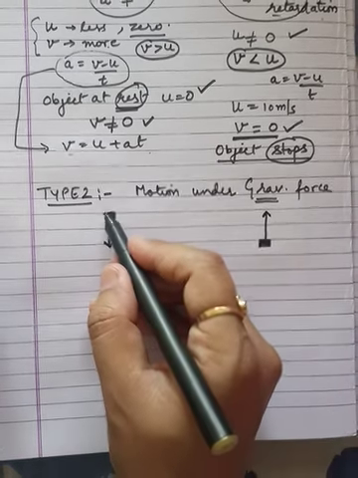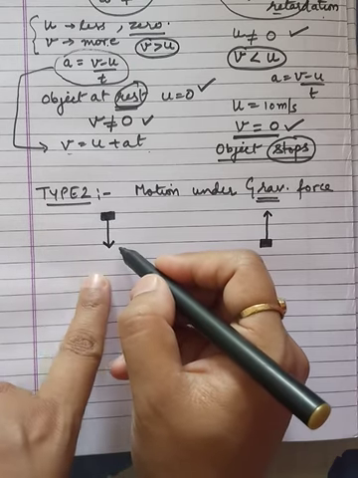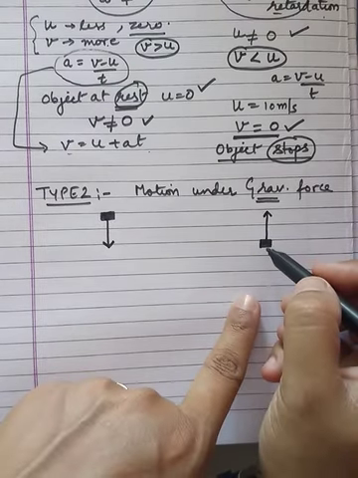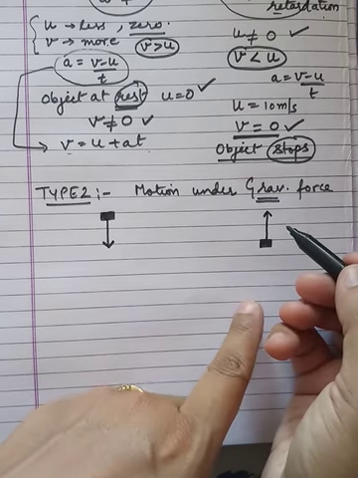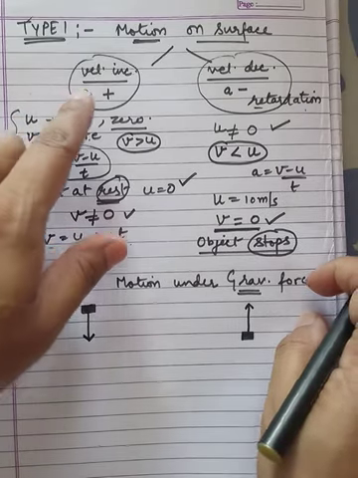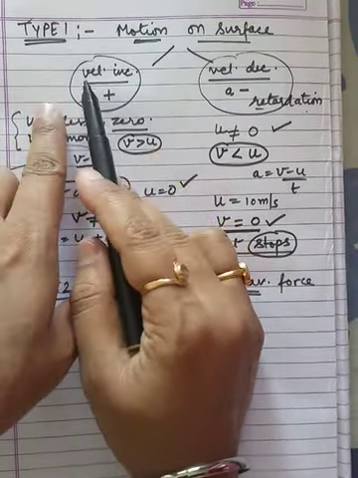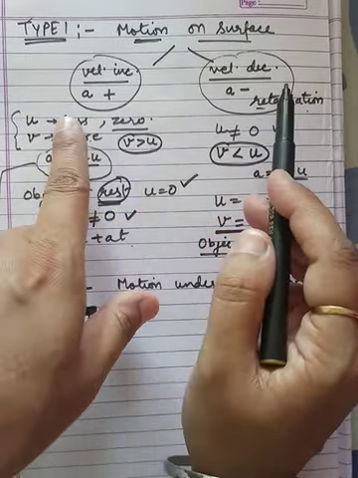So whenever an object is falling down, this is one type, and whenever an object is moving upward, this is another type. Like in type 1, when the velocity is increasing and velocity is decreasing, we are having two types.